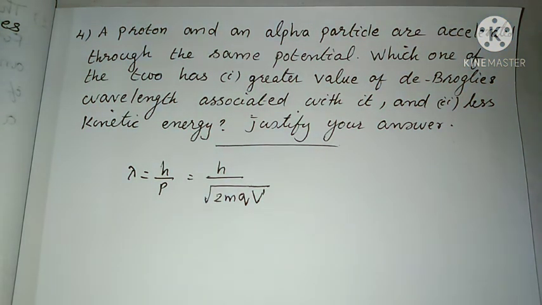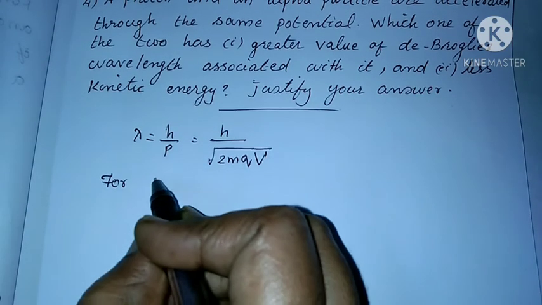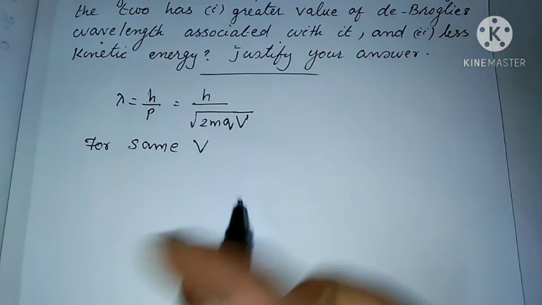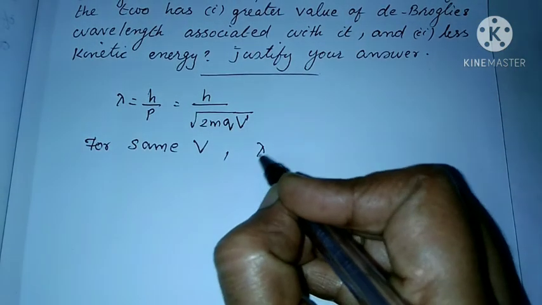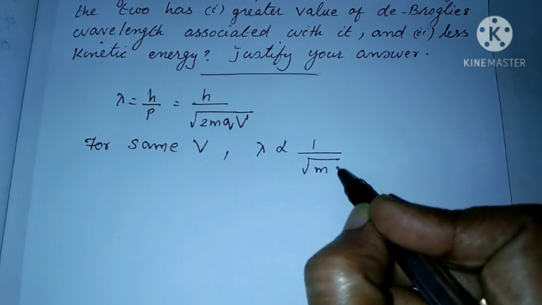This equation you studied in the last class. So for the same potential, same V, we can write lambda proportional to 1 by root of mq.